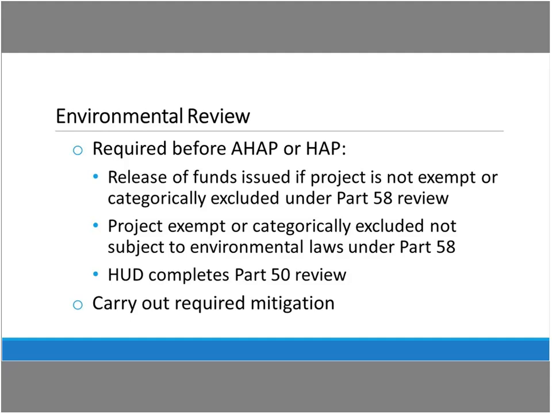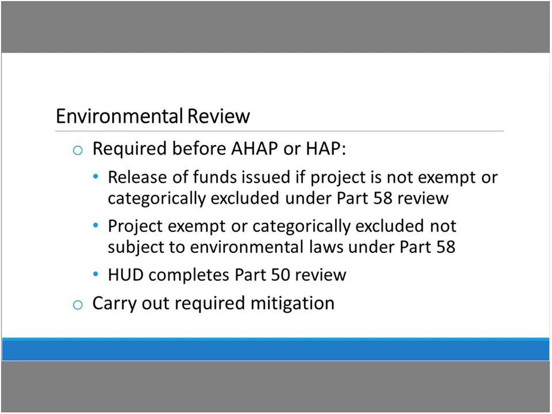So I want to stop for a second on this slide and go back to the Section 18 and even the RAD process that we talked about before, both of which require or can require a Part 58. When you're completing those Part 58s early in your process, particularly when preparing your Section 18 application, that would be much earlier in your process than we are right now.